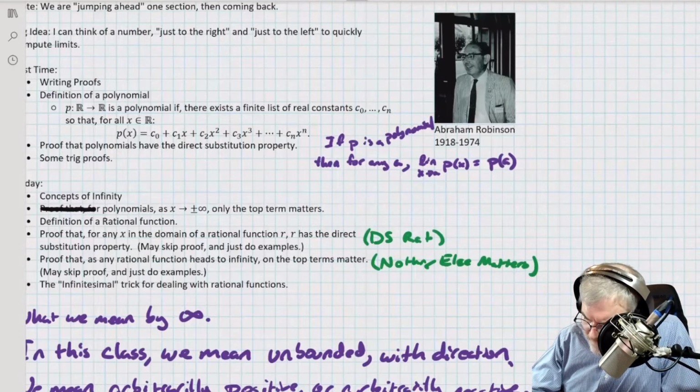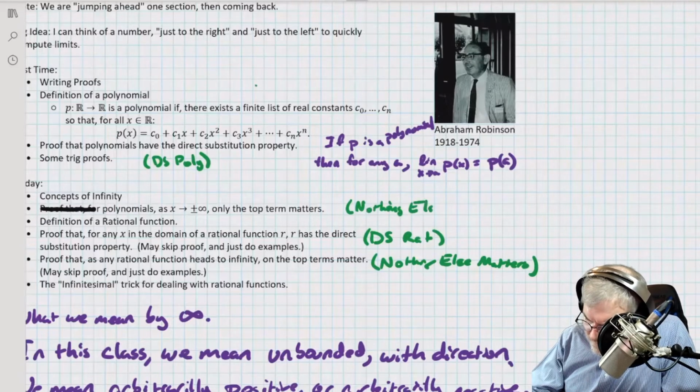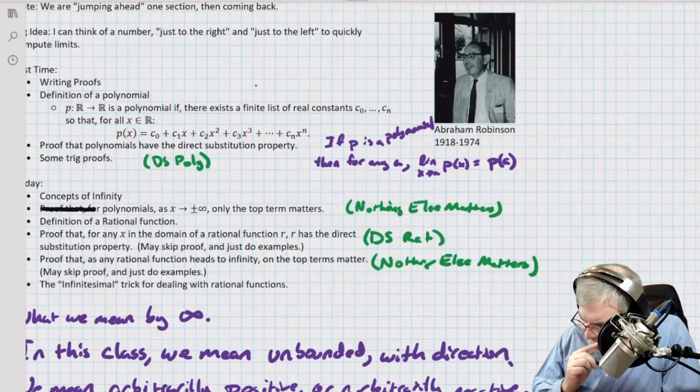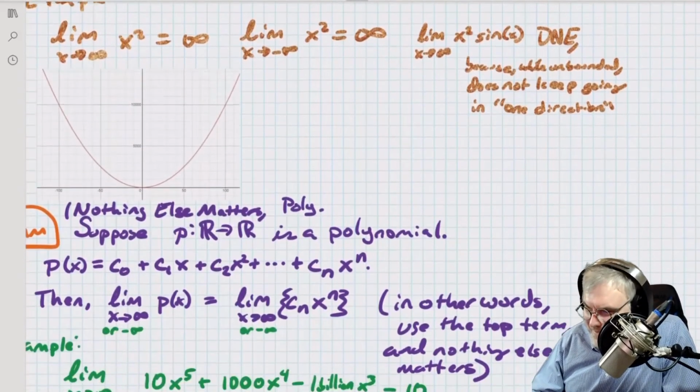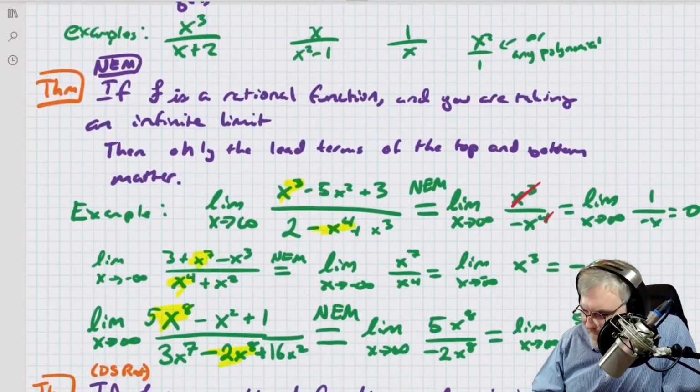This was DS poly, by the way. No one actually writes the poly bit, but you do write DS. And this right here is nothing else matters. Polynomial addition. Okay. That's right. And don't you forget it. That's right. Nothing else matters but Scott's calculus class.